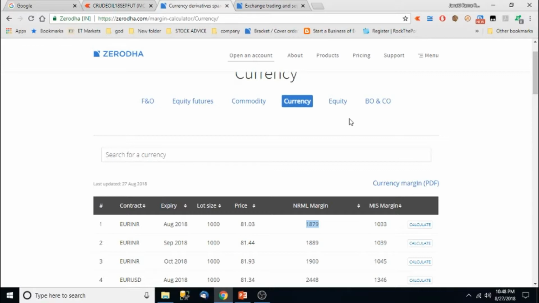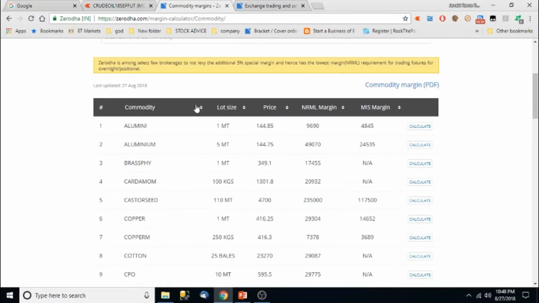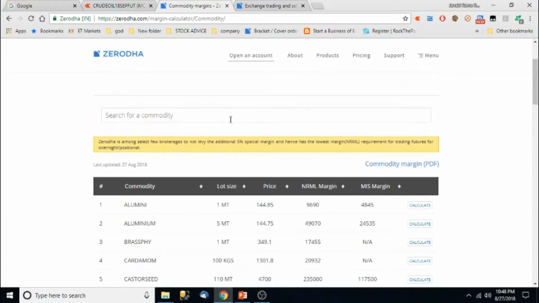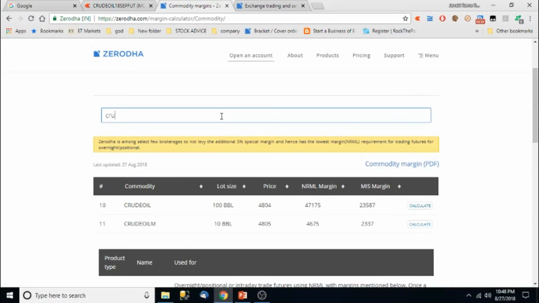As for me, what Zerodha is offering is okay and good for me. It's working fine. And in commodities, we'll see what brokerage they are offering. I'll show you for crude oil. See, there are two crude oils, and crude oil mini, where M means mini.